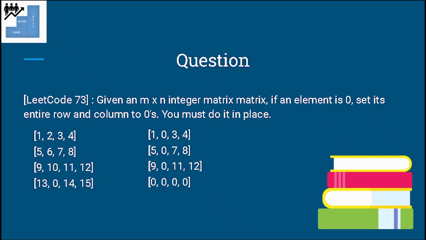Okay, so what usually a person would think is that as soon as a zero is detected, make the column elements and row elements zero and keep on iterating on this array. But this is an obviously incorrect approach, because for the first zero that you found, you made all the column and row elements zero.